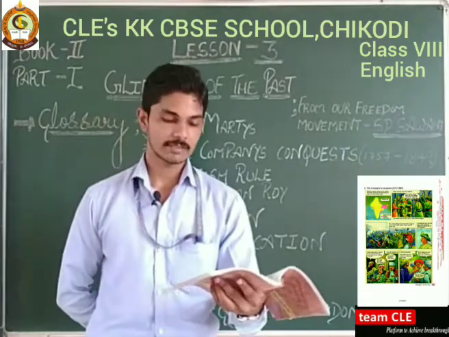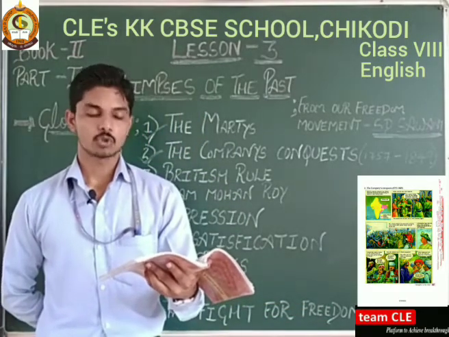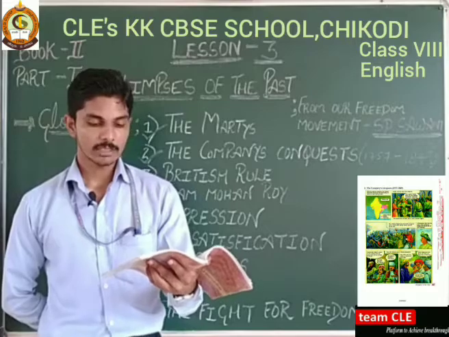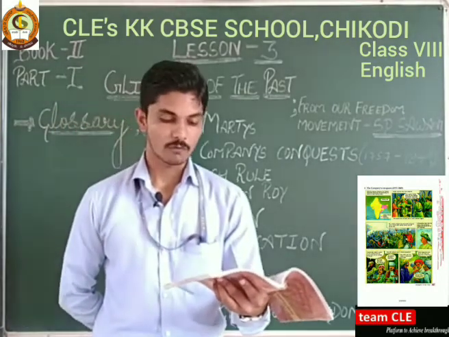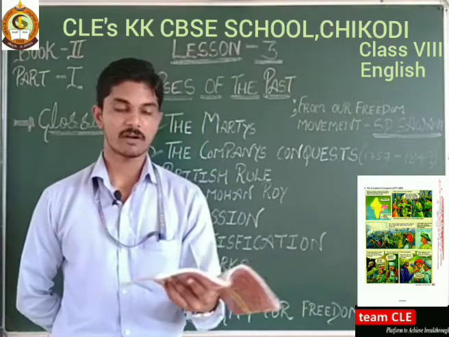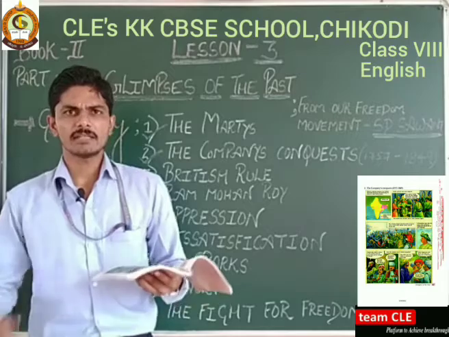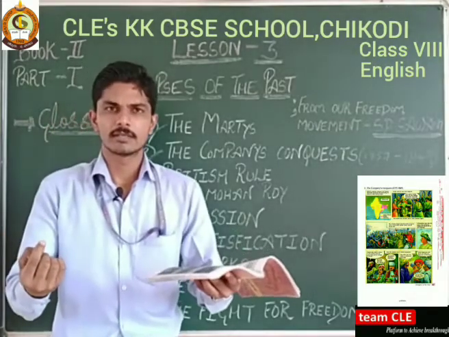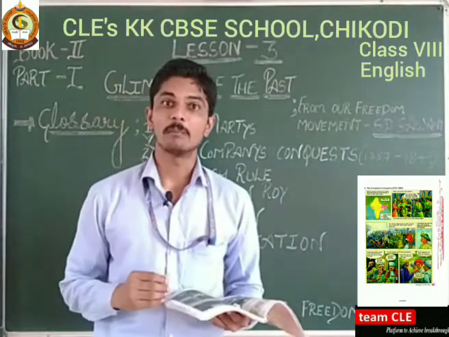Then another picture is of whom? Of Tipu Sultan. See here, a far-seeing ruler like the brave Tipu Sultan of Mysore fought the British till he died fighting. There is only one king who never gave up his kingdom, who never gave his power into the hands of the Britishers.